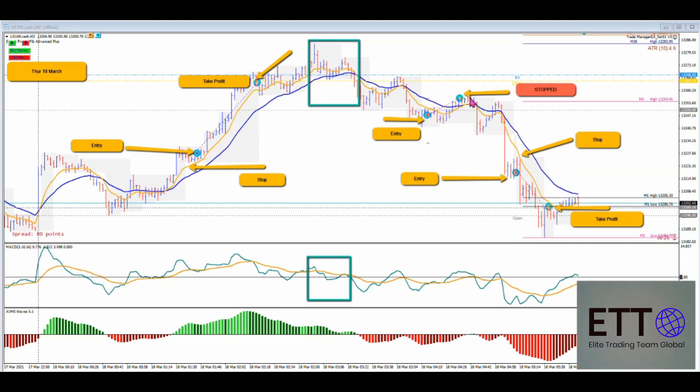Price then messed about a little bit here, a little bit erratic, and then it moved down very suddenly here and had a pullback again just to the 9, which we tend to see when we get quick moves like this, pullbacks just to the 9. An entry in here, the stop above the high here, and we got a nice profit here.